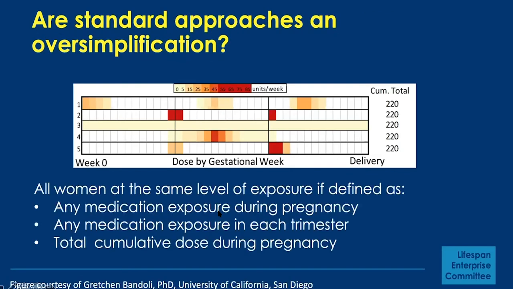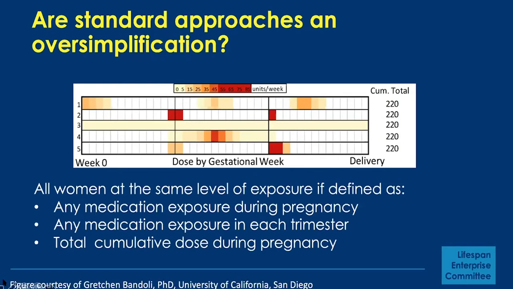Now, a standard approach might oversimplify the data and just collapse all these women into one exposure level. So oftentimes the standard approach might be to classify any medication exposure during pregnancy at one level and no exposure at another level, or to consider any medication exposure in each trimester, or to even consider total cumulative dose during pregnancy.